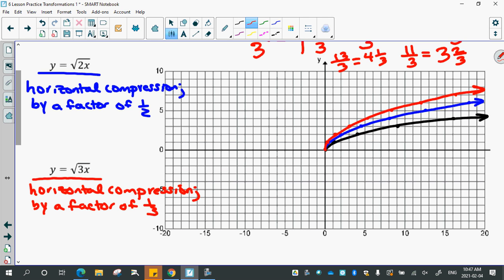So I divided all my regular overs by 3 and got new overs. And I count my ups the same.